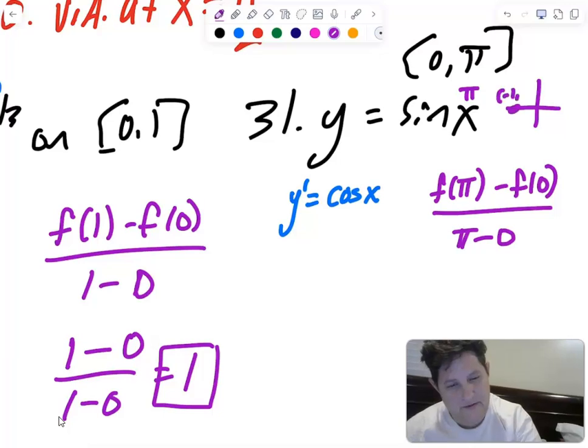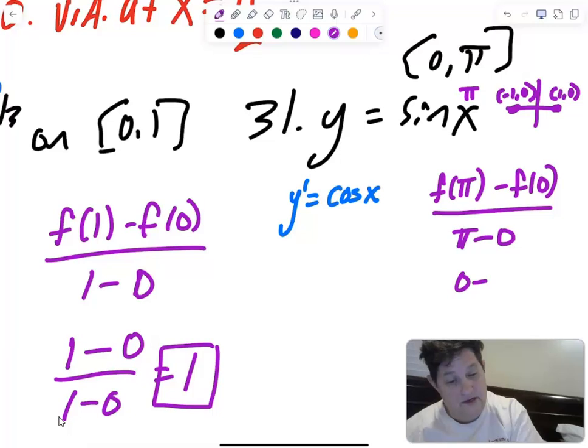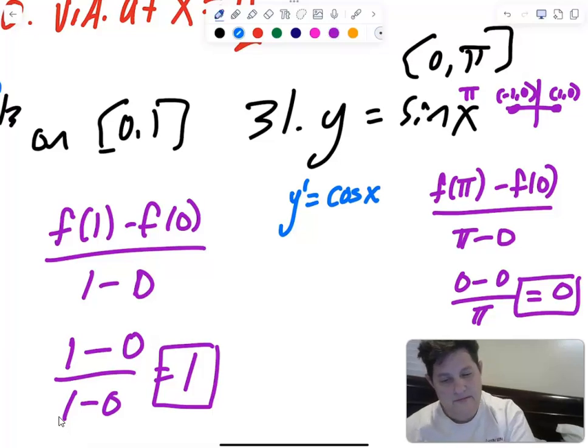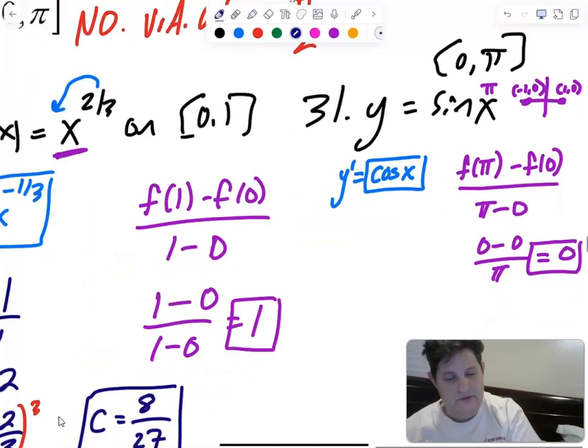That's the point (-1, 0). Sine is the y-coordinate, so sine of pi is 0. And then sine of 0 is over here, that's also 0. So 0 divided by pi is 0. So there's my slope. I'm going to set these equal.